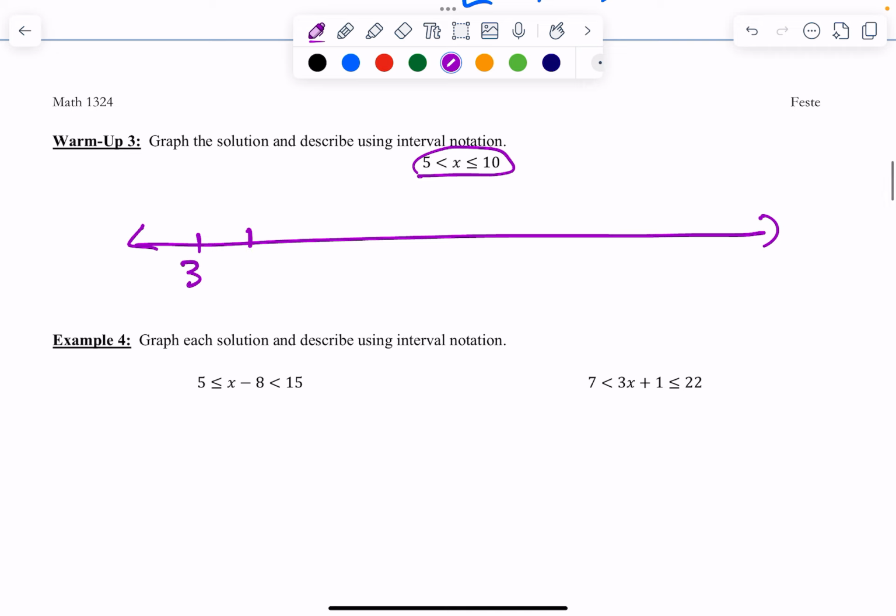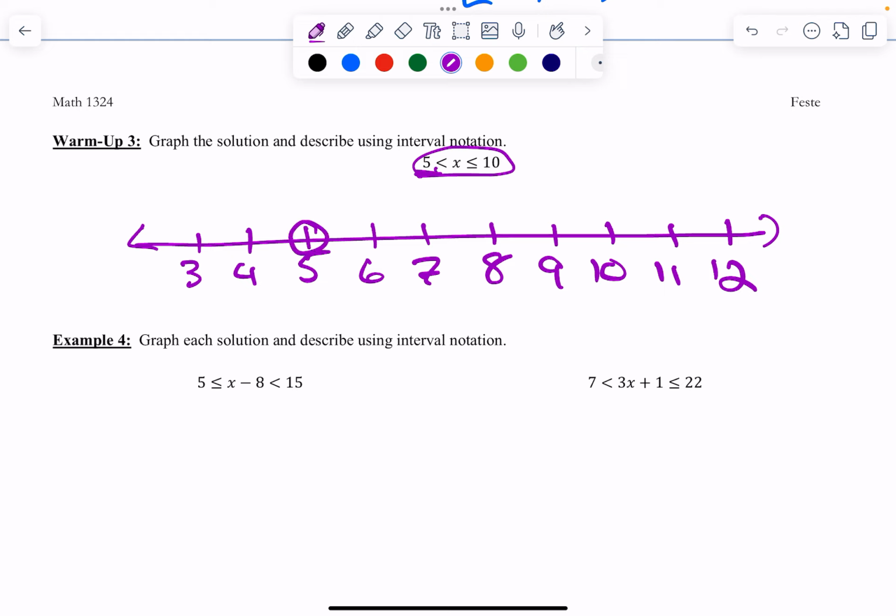Let's start with 3, 4, 5, 6, 7, 8, 9, 10, 11, and 12. So on the left side here, we have a 5, and it is less than. It is not equal to, so that's going to be a circle. Now, we are moving to the right, so the 5 here is the left side.